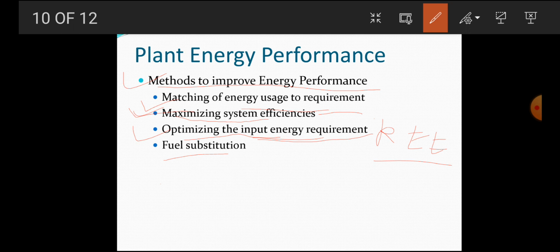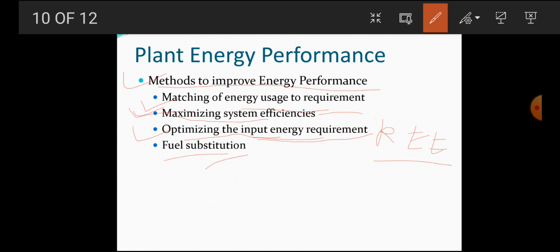So the efficiency of converting from steam to electricity and then electricity to heat is greatly reduced. So using steam heaters instead of electric heaters is one fuel substitution.